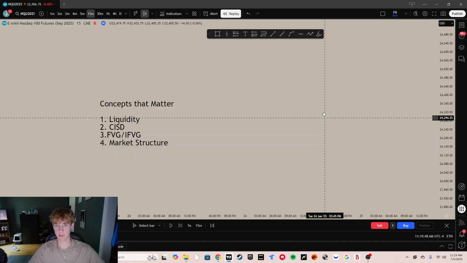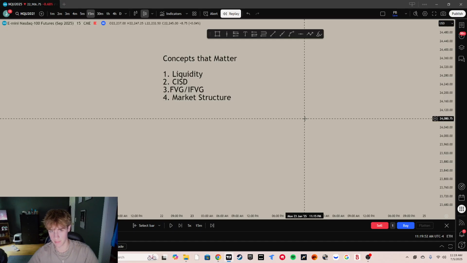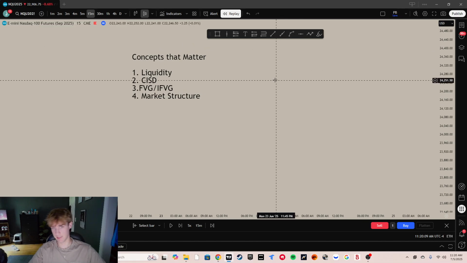So yeah, that's pretty much it for the change in the state. It tells a story. It tells you a lot about the market's future plans and what it wants to do. And it's a great entry model as well, once you've lined up your other confluences within whatever your entry model is.